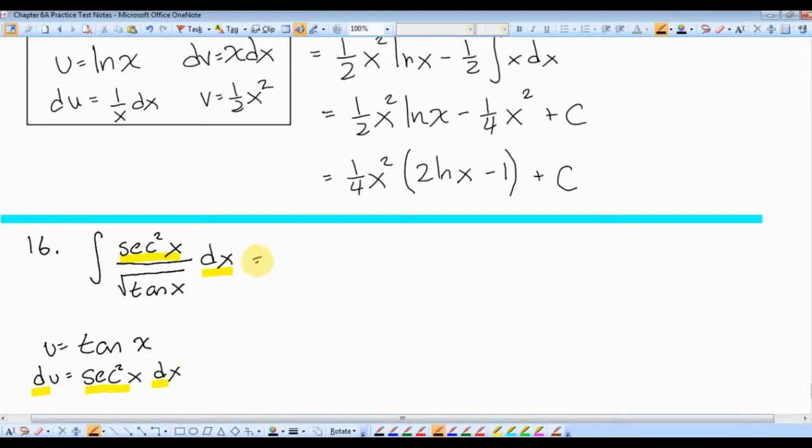And this is nice. This becomes the antiderivative of 1 over square root of u du.